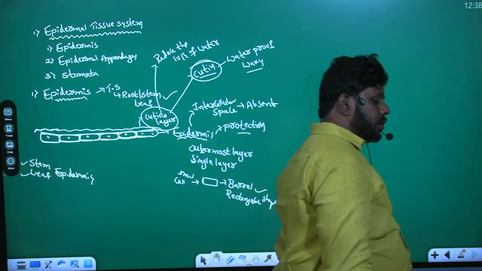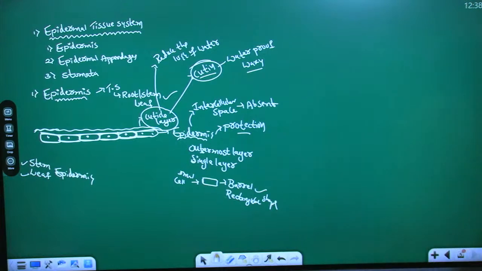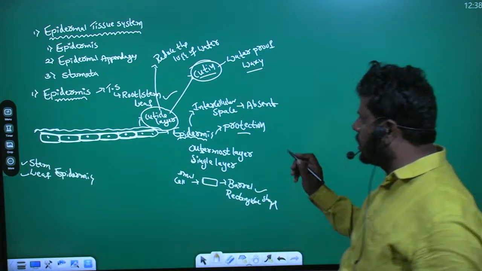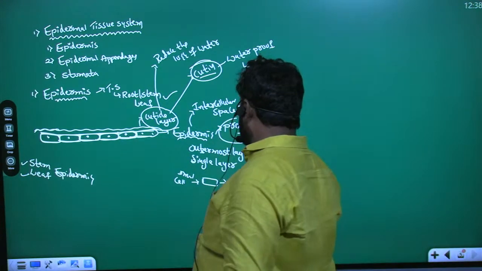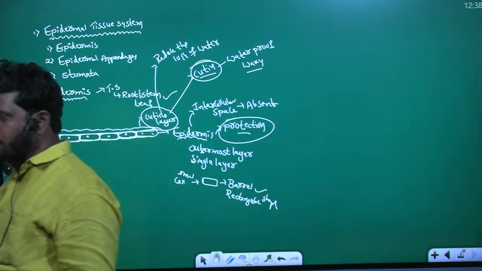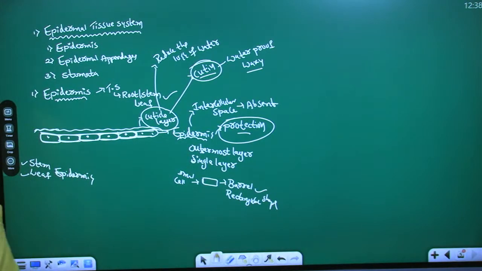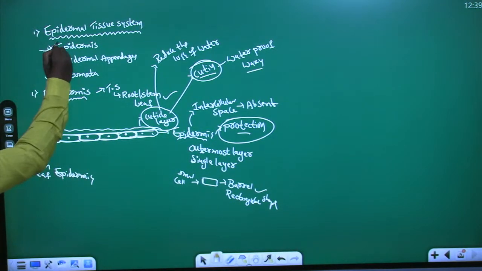This cutin or cuticle layer plays an important role to reduce the loss of water or reduce the rate of transpiration. And epidermis is the outermost layer. That's why what is the function? Protection. So this is the epidermis.